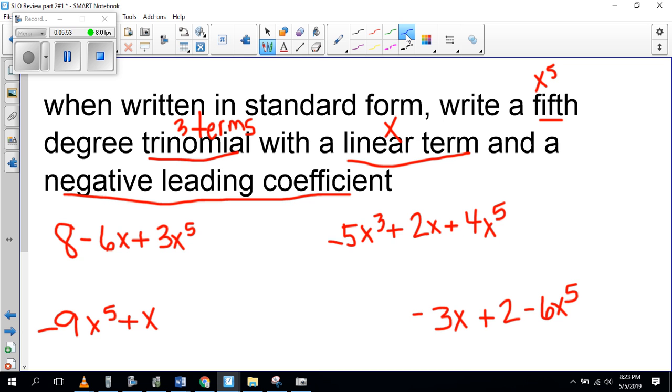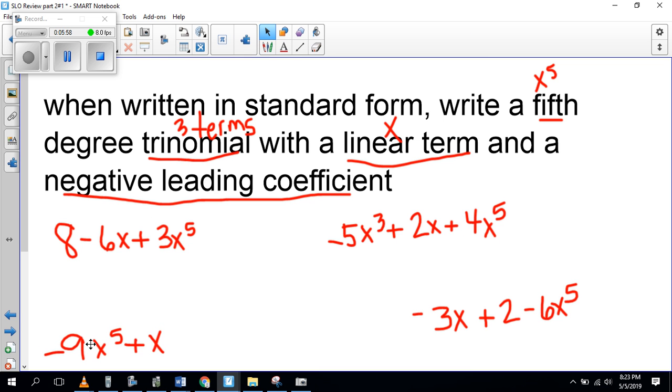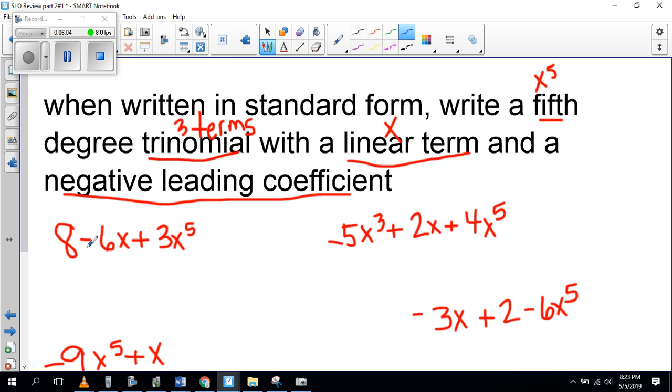So what we have to do, we're going to take each one of these and write them in standard form. So let's look at the first one. We have 8 minus 6x plus 3x to the 5th. We put the biggest exponent first. This will be our biggest exponent: 3x to the 5th. And then negative 6x would come next.